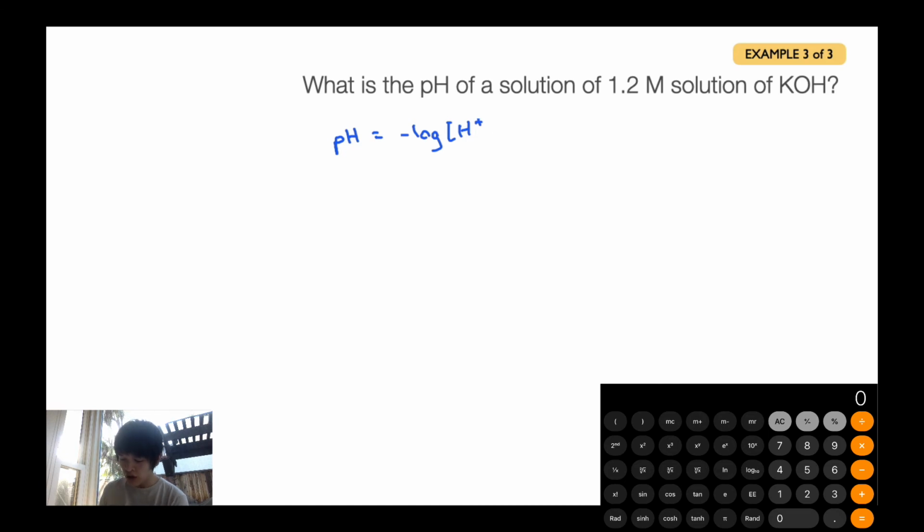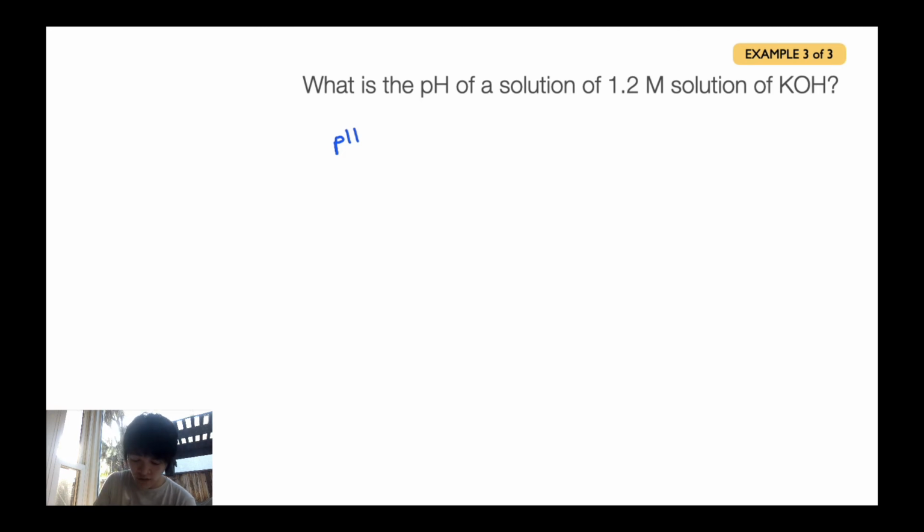So our idea is that we want to get the pOH first, and then since we know that pH plus pOH equals 14, we can get pH then. We're going to eventually use this equation, pH plus pOH equals 14. But we actually want to get pOH first. Okay, so pOH, can we get that?